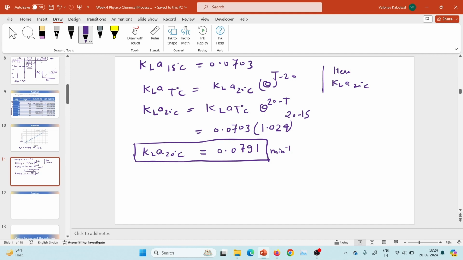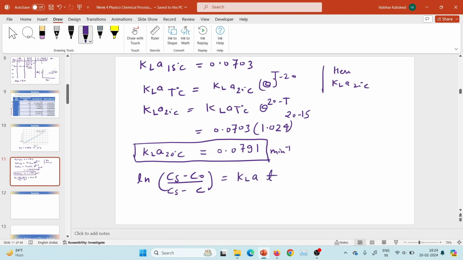So now we calculated the KLA value at 20 degrees Celsius, and we know the formula: ln (Cs minus C naught) divided by (Cs minus C) is equal to KLA times t.